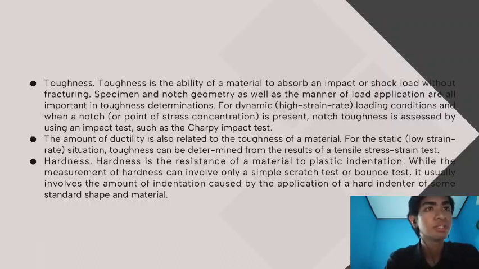A special measure of toughness called the plane strain fracture toughness uses linear elastic fracture mechanics to characterize the resistance of a material to the onset of crack propagation when an existing crack is present in a material.